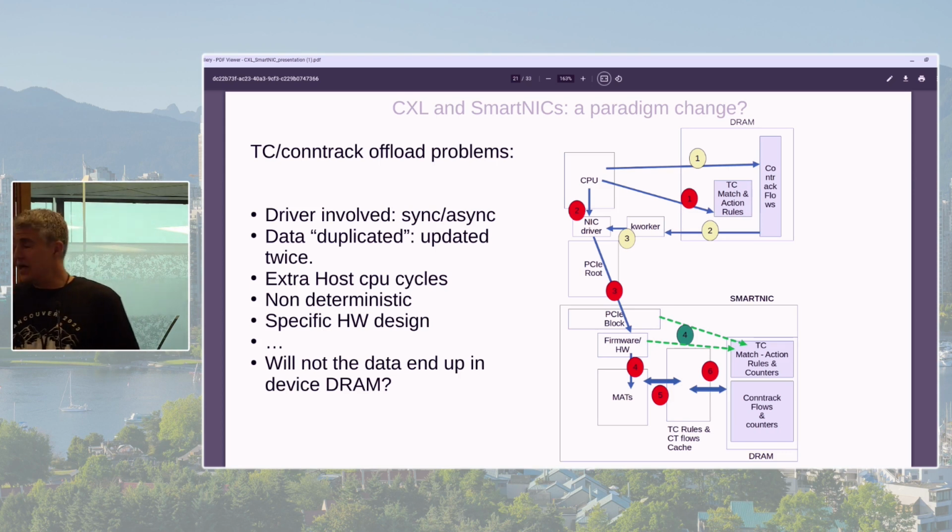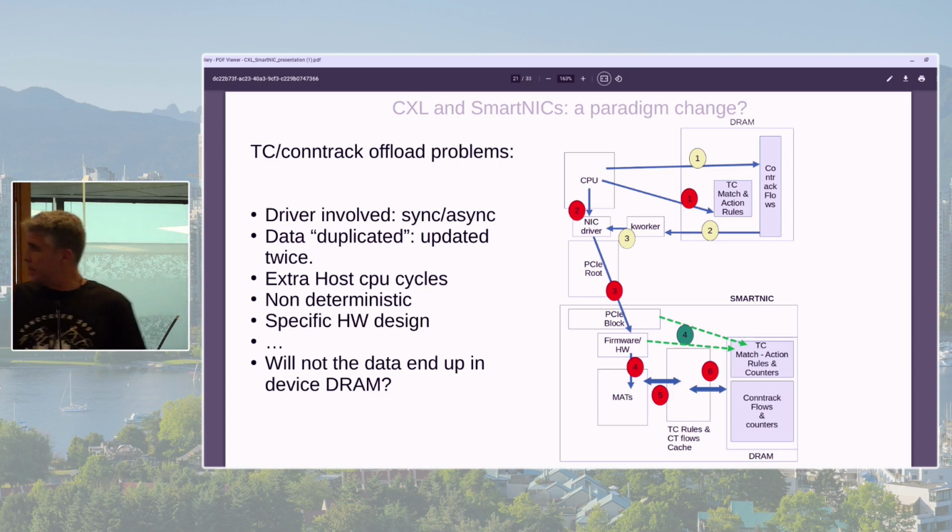You have the data supposedly in the DRAM, or maybe just in the maths. It depends on how this is done by the hardware. This is up to the vendor. You can think of different scenarios there. But probably, if you do this design and dimension it properly, you have a DRAM there because you are going to need it. So at the end, the data is going to be duplicated in two different DRAMs.